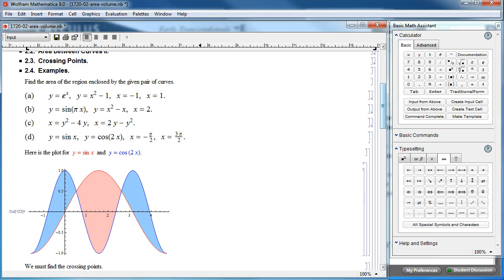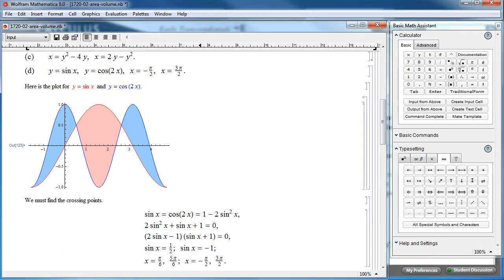How do you do that? Let's set up the trigonometric equation like that. Sine of x is equal to cosine of 2x. Let me remind you of the double angle formula for cosine. So we have sine of x is equal to 1 minus 2 sine squared.